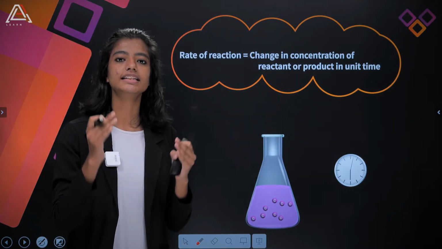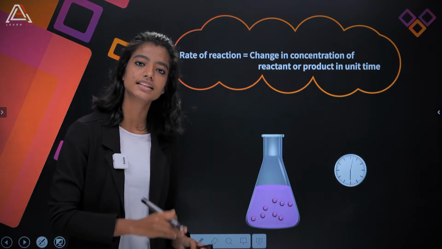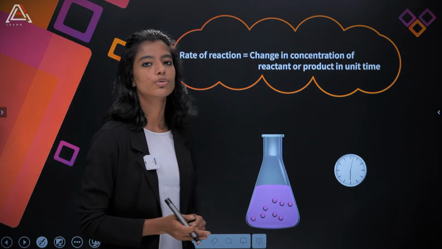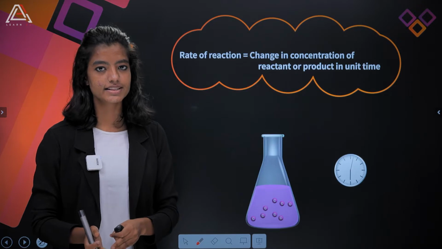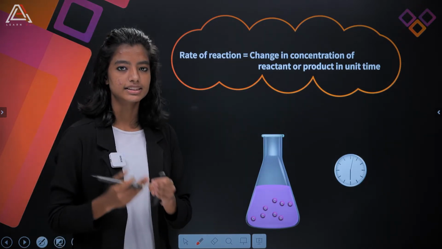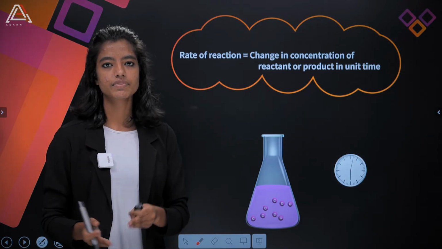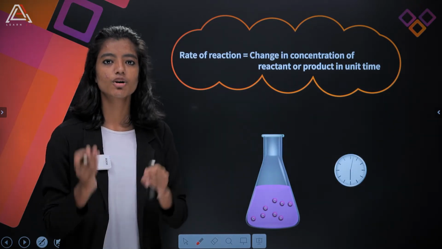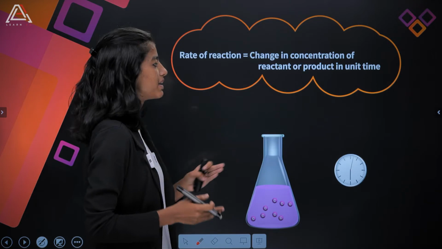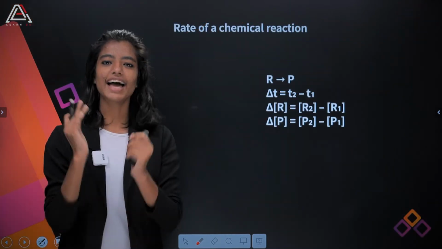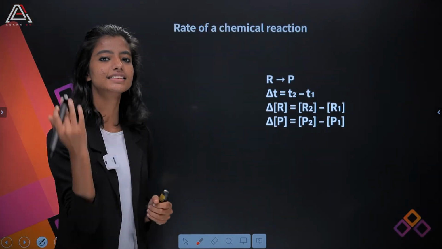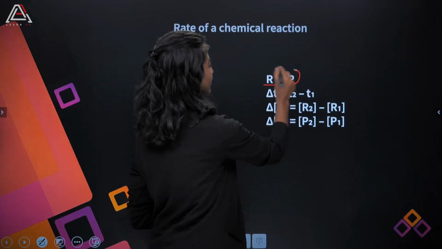So the product is increasing and the reactants are decreasing with unit time. By calculating this change in concentration of reactants or products in unit time, we can determine the speed or rate of this chemical reaction. Clear?